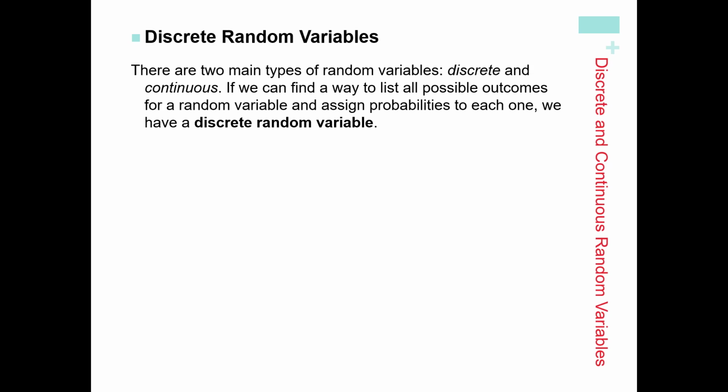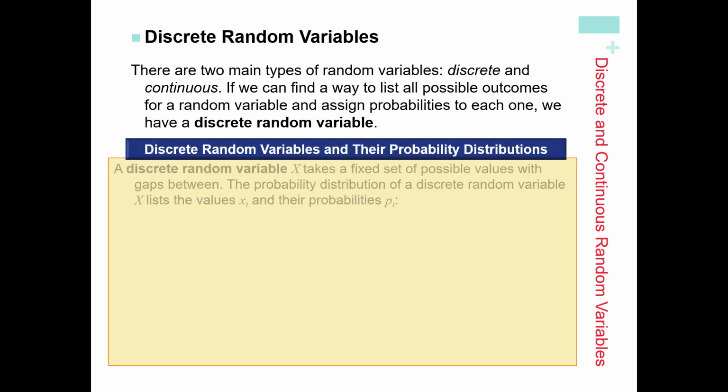There were no outcomes in between those, and there were not more than that. And we were able to find the probability of each one. So a discrete random variable X takes a fixed set of possible values with gaps between. Again, there are no other possibilities between 2 values.